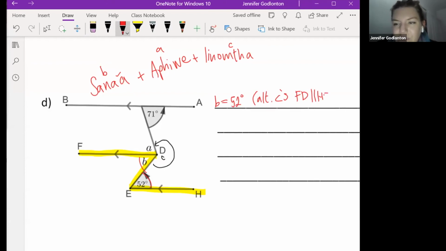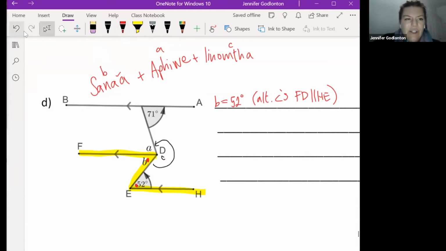Perfect. So for everyone who can see here, we had two parallel lines. We joined them together, which created this Z shape or N shape. And when we have a Z, the angles on the inside of the Z are equal to each other, which means that B is equal to 52 because they are alternate angles.